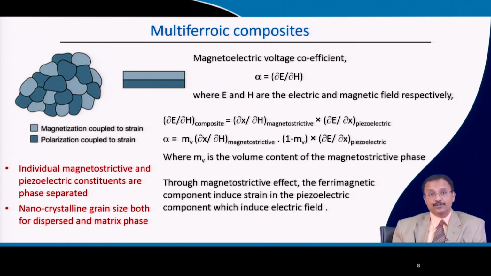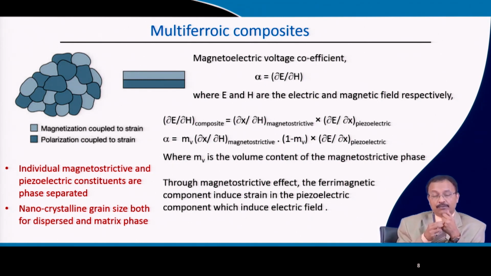Individually, the magnetostrictive and piezoelectric constituents should be phase separated, right. They should not have any interaction between them, and there should not be any diffuseness in their boundaries. Their boundary should be quite sharp, and diffusion across the boundary with constituent cations or anions will be detrimental for a strong magnetoelectric coupling.